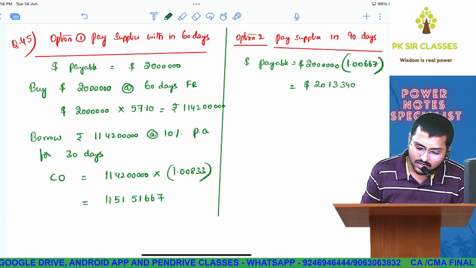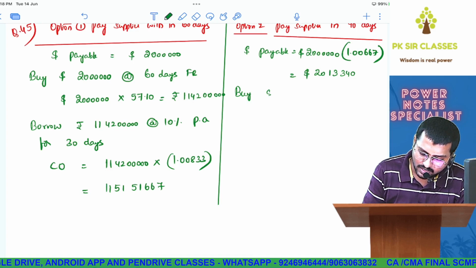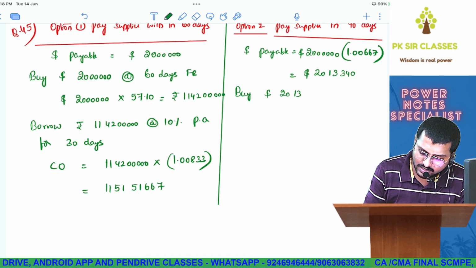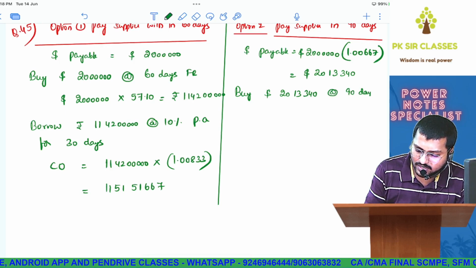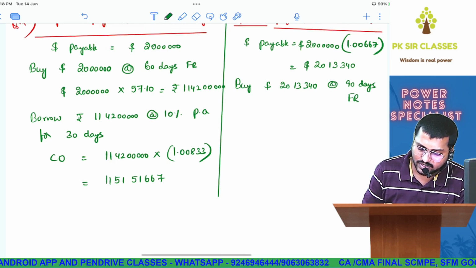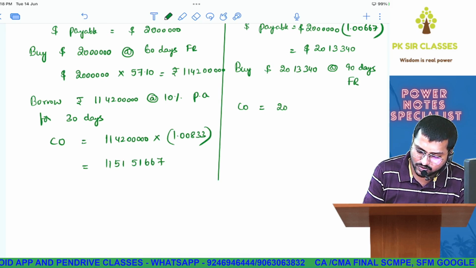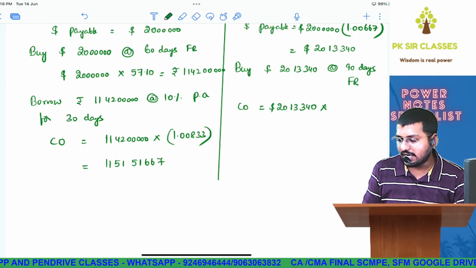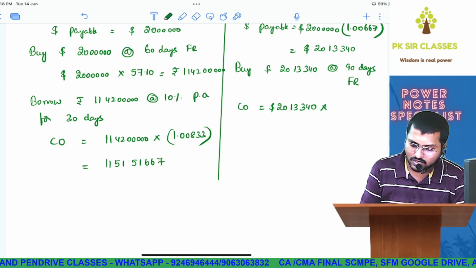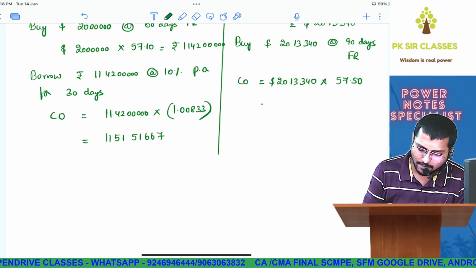Now this much you need to pay, which means you need to buy this many dollars, correct? So buy 20 lakh 13,340 dollars at what rate? The 90 days forward rate, because you will be paying after 90 days. Cash outflow is 20 lakh 13,340 dollars into the selling rate, since you will be buying dollars and the bank will be selling. What is the selling rate? 57.50, correct?